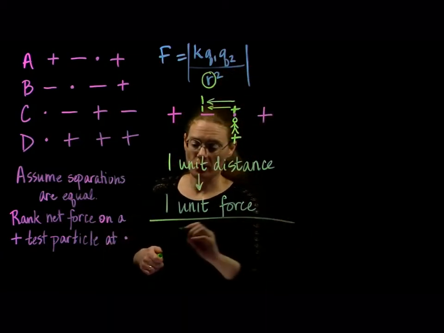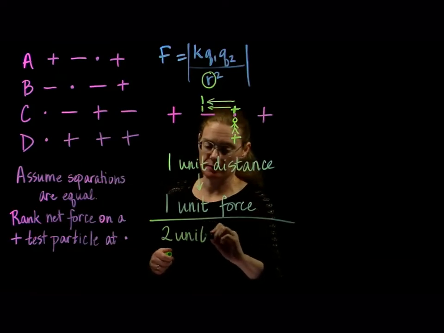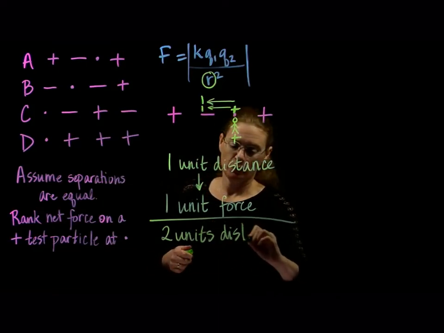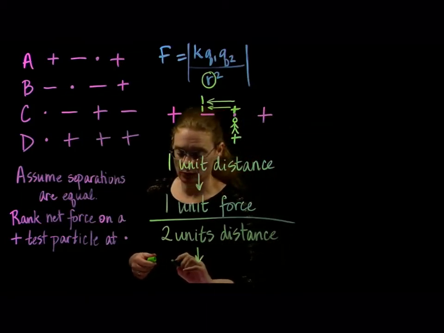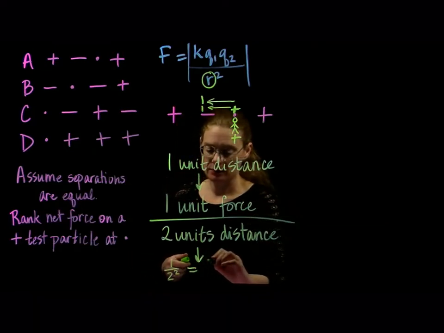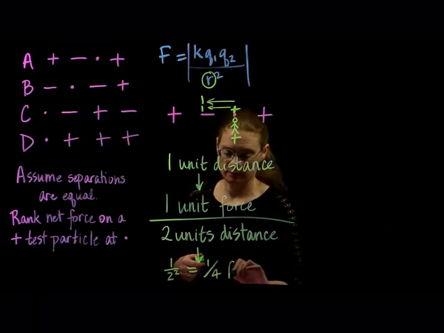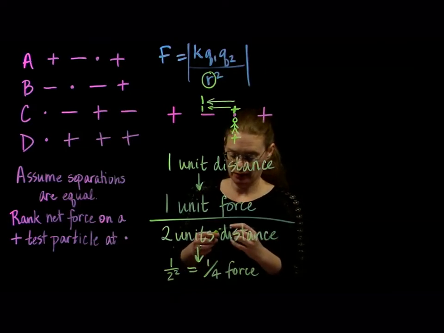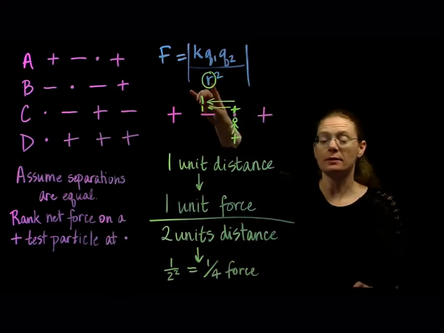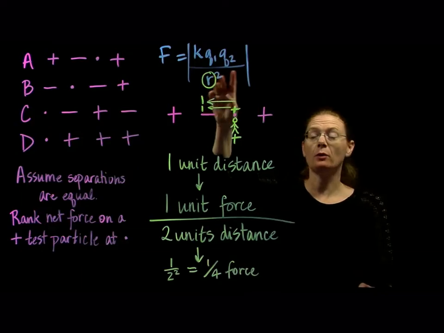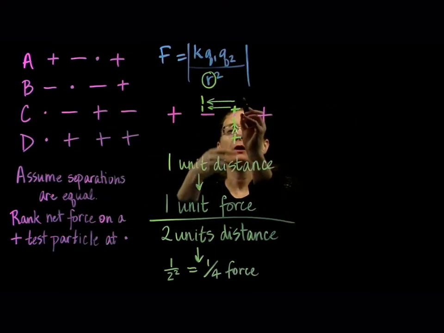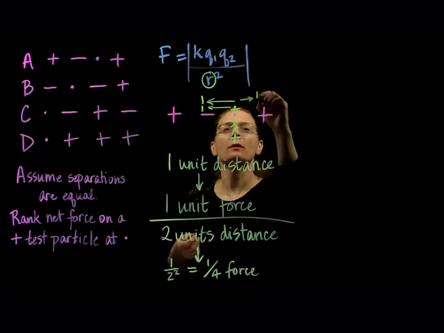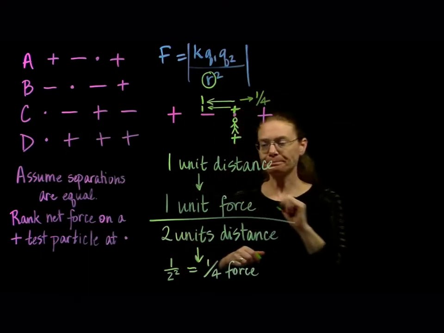So for 2 units of distance away, the force goes down by 1/2 squared. So we have 1/4 the force. So for a distance that's doubled, the force is going to go down by a factor of 4, 2 squared. Which means I have a push to the right of 1/4.